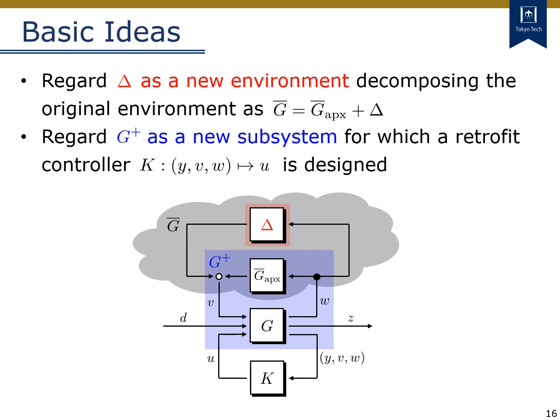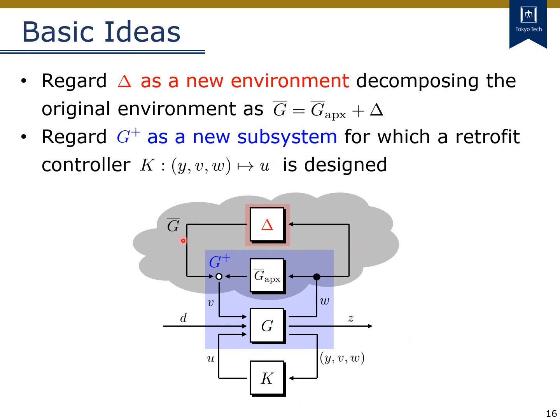The basic ideas behind this generalization can be simply explained like this. The first point is that we regard delta as a new environment while decomposing the original environment G bar like this. The illustration is given here.